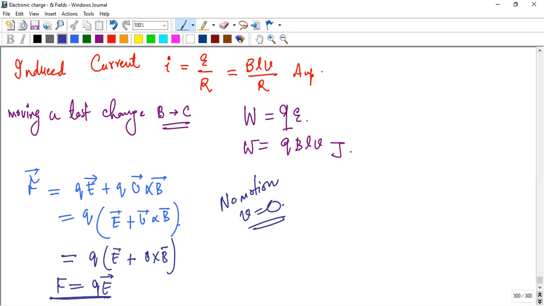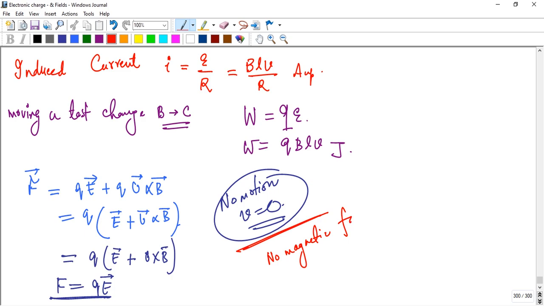So there is no magnetic force. If there is no motion, we conclude there is no magnetic force, only electrostatic force is present.